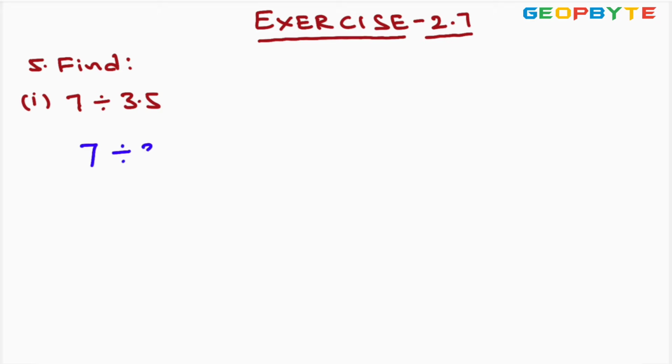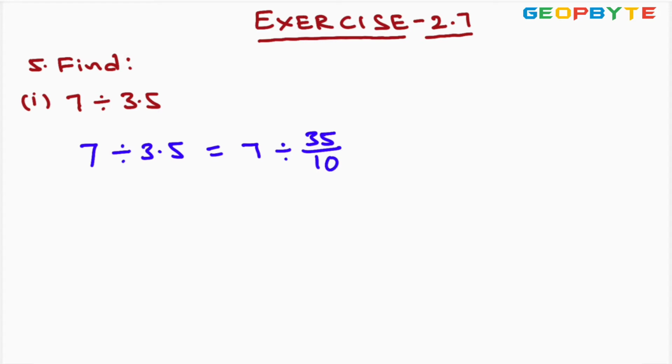7 divided by 3.5 is equal to, we can write 7 as it is, divided by 3.5. So 3.5 is a decimal number, so we need to eliminate the decimal point from 3.5. I can write it as 35 by 10. Why?